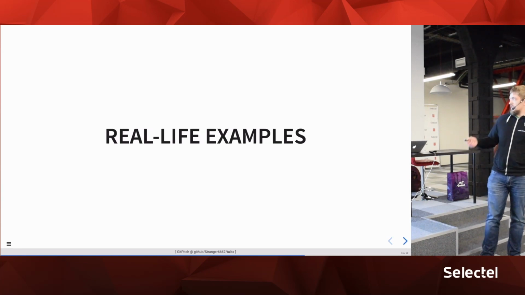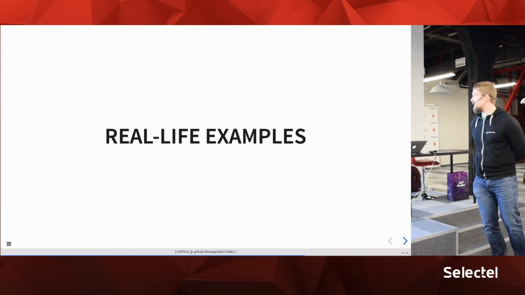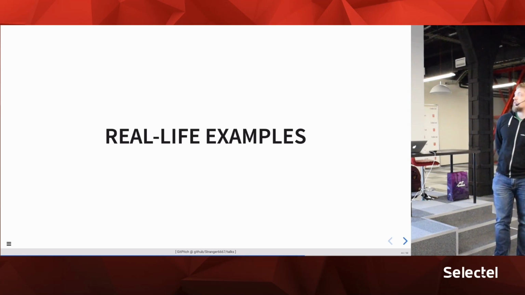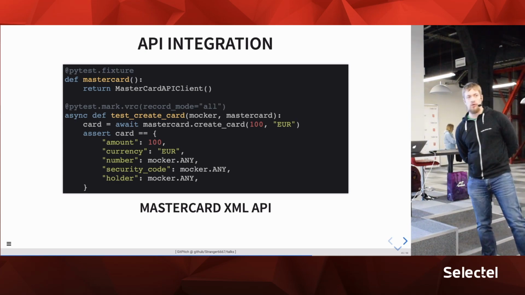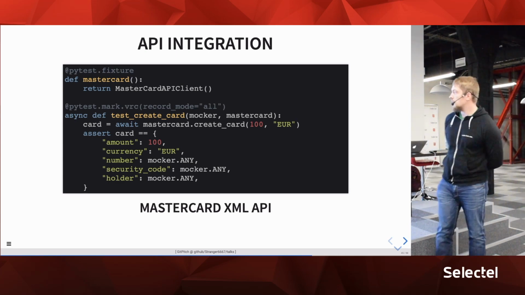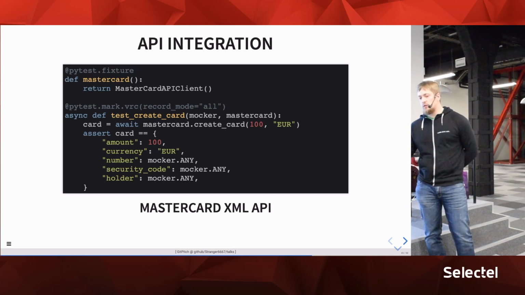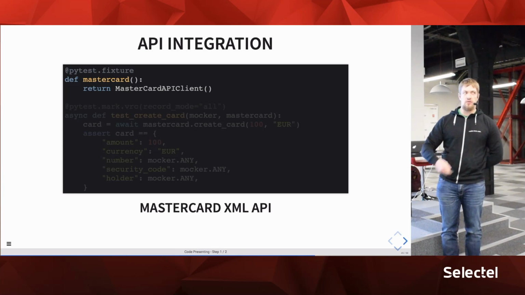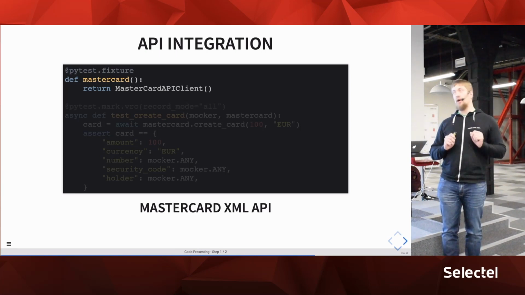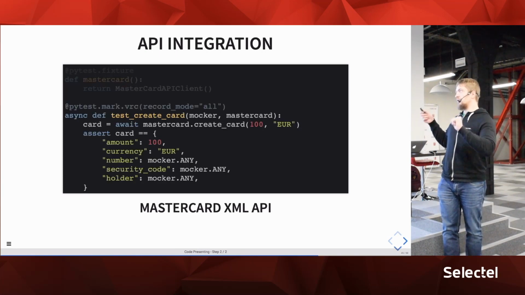Okay, so let's go for real-life examples. First one is about API integration. A couple of months ago, I started to integrate MasterCard API. I started in TDD style and just created a fixture with this imaginary client class, and I wrote a test like this.